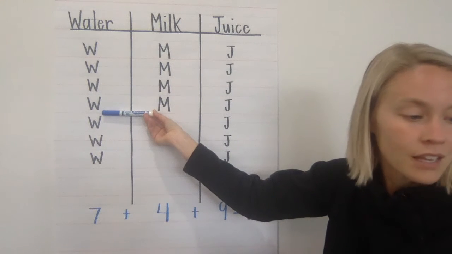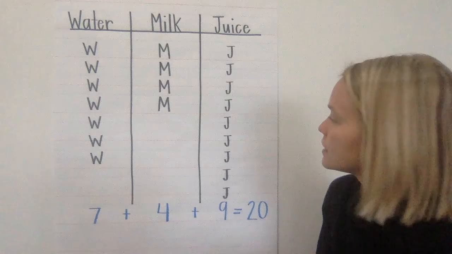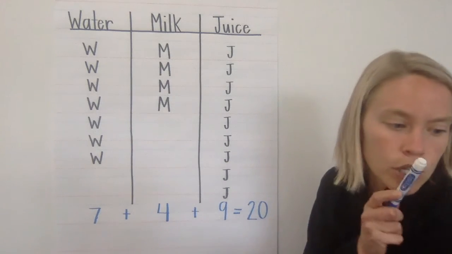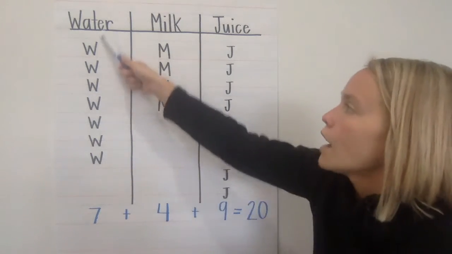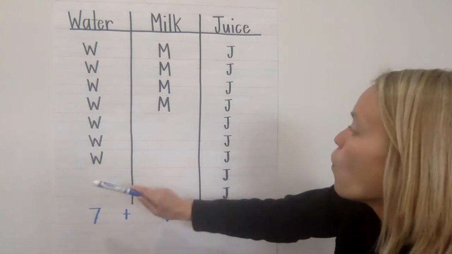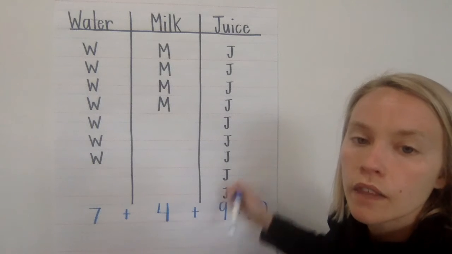Awesome, okay? Now let's look at, this is going to be kind of tricky because they're on opposite sides. They're not next to each other. Let's look at water and juice. Water has fewer than juice.